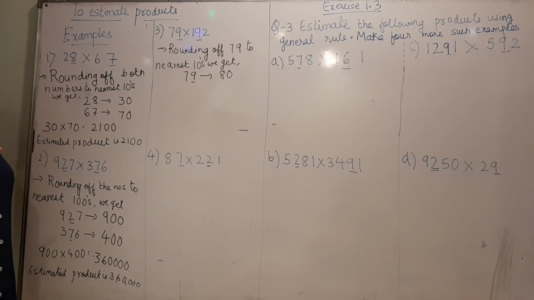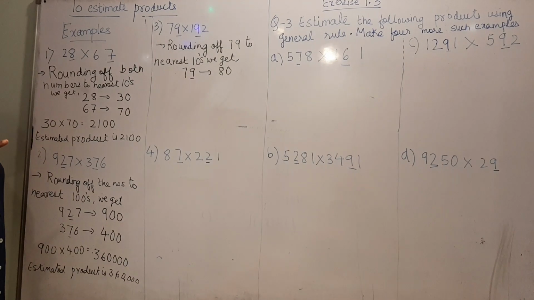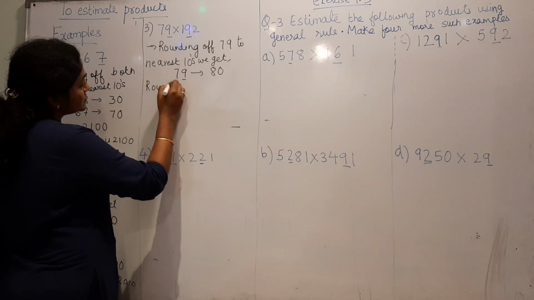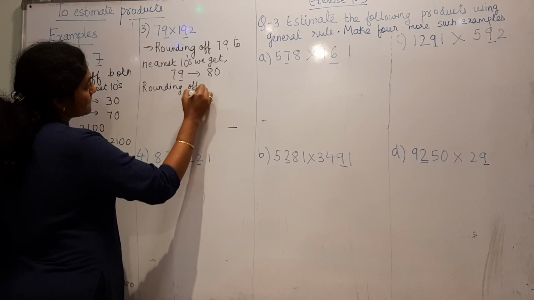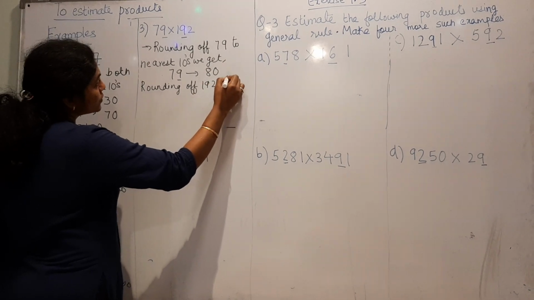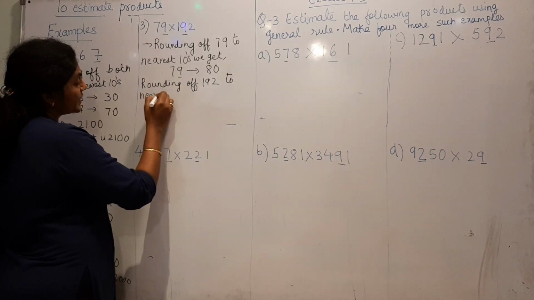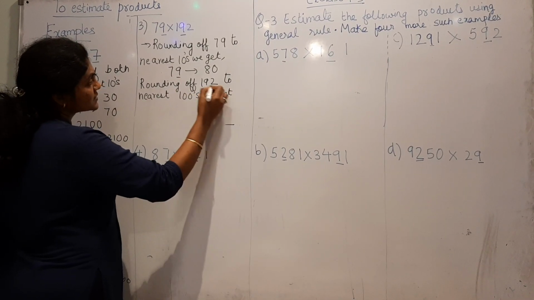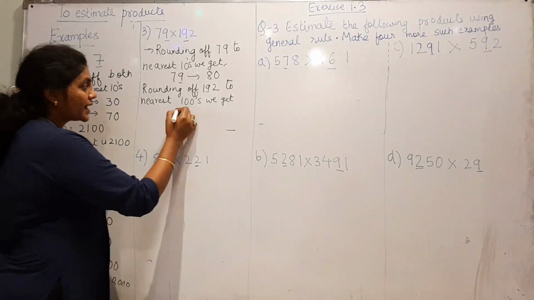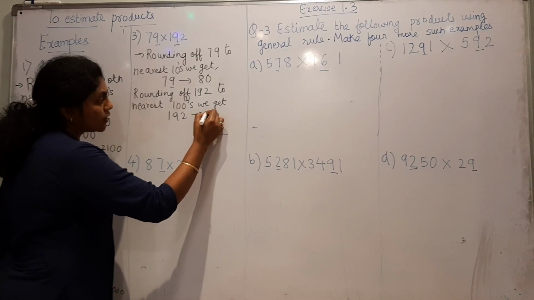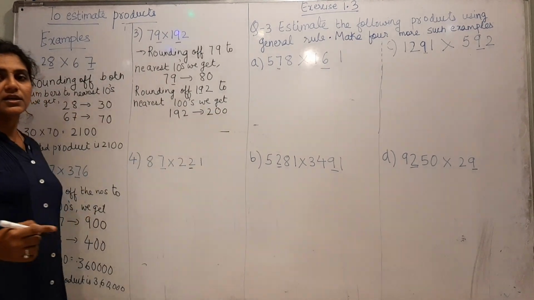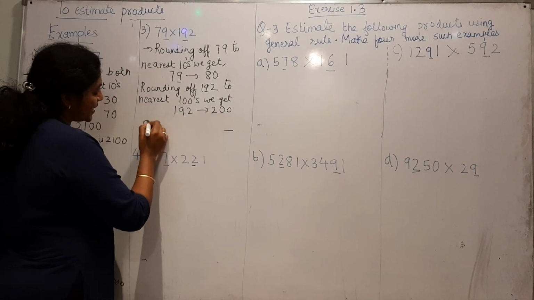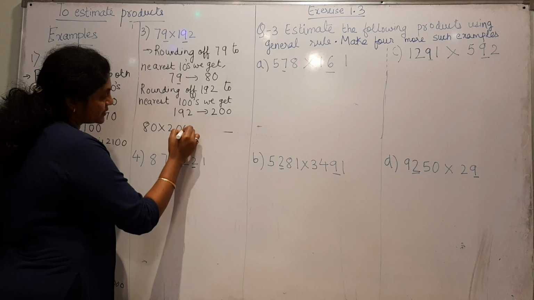Now rounding off 192 to the nearest hundreds, we get, hundreds means look at the tens place. So 192, if you round off, will be 200. So you have rounded off differently. Now multiply it. So this is 80 into 200.